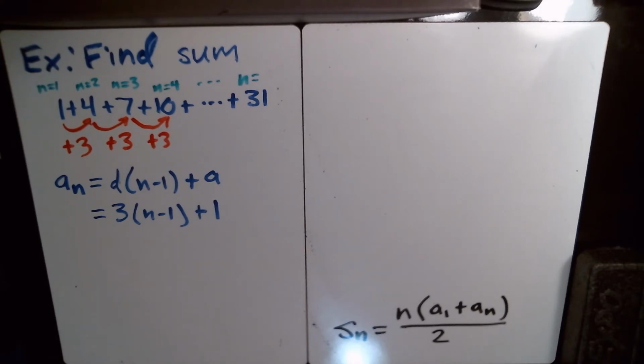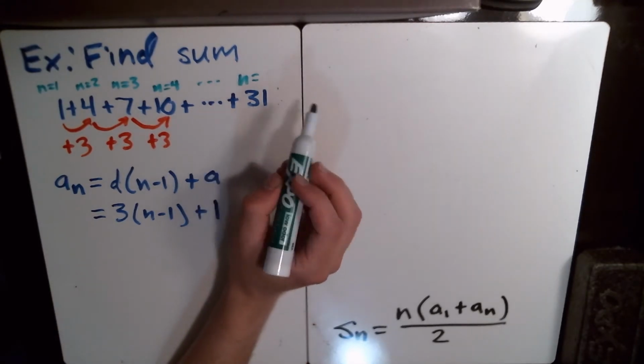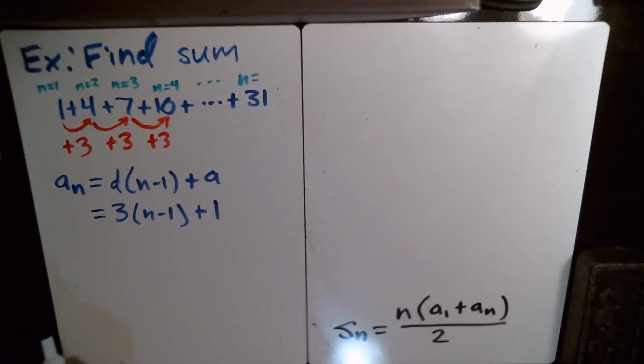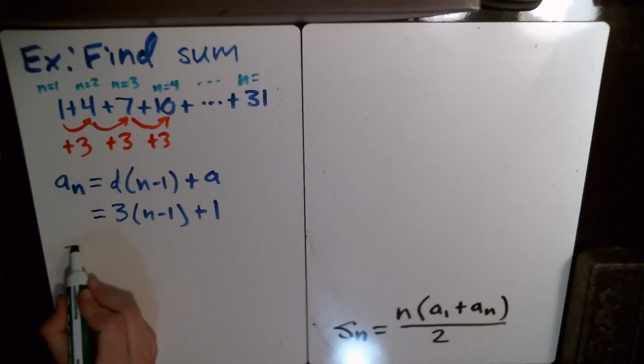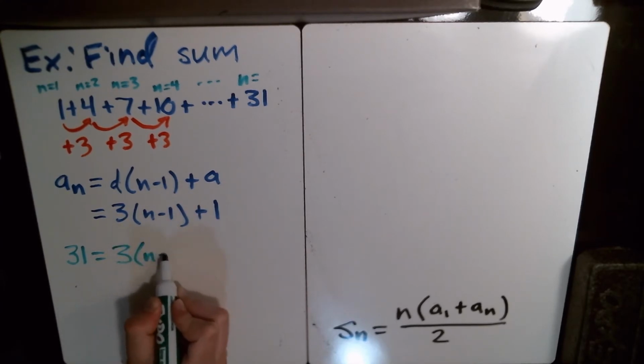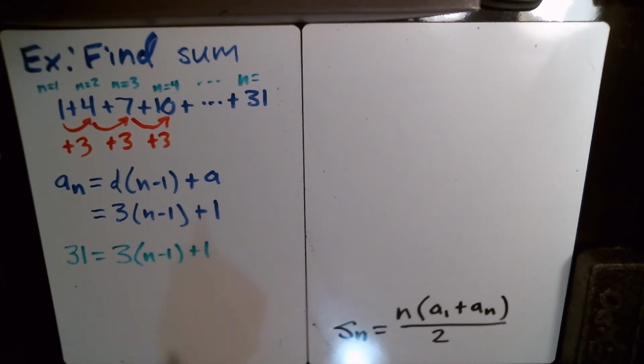So then let's find n. We want to know which n will give us 31 for a sub n. So we're going to say 31 equals 3 times n minus 1, plus 1. Then we subtract 1 from both sides.